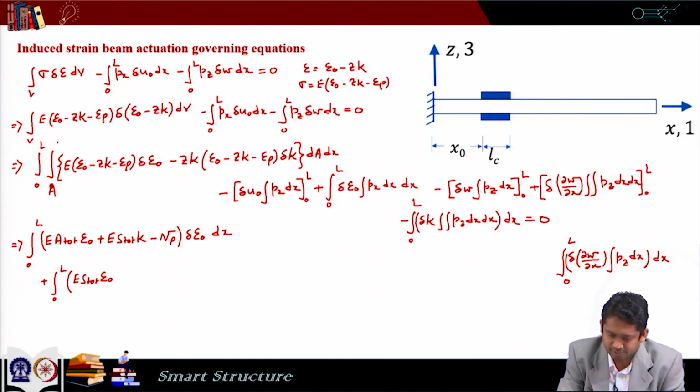So, here I should have one more E also, the elastic modulus is missing here. So, it will give me E I total kappa.